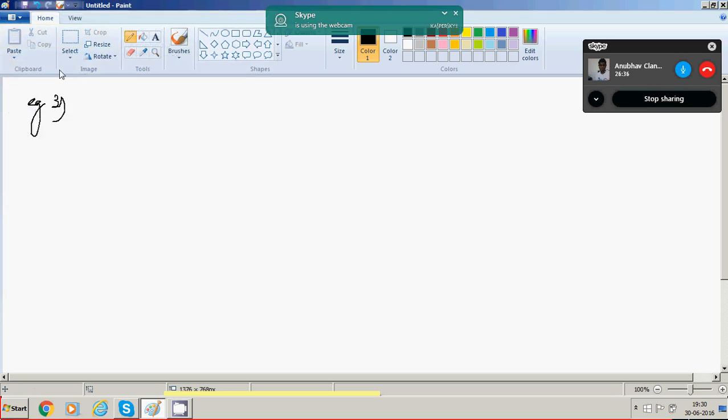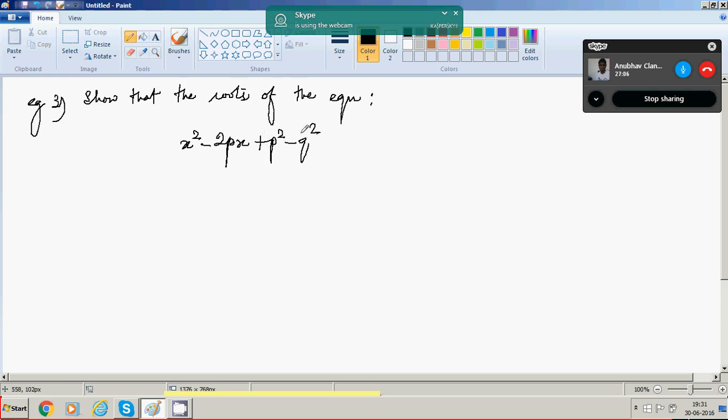Next, example 3. Show that the roots of the equation are rational. Proof.